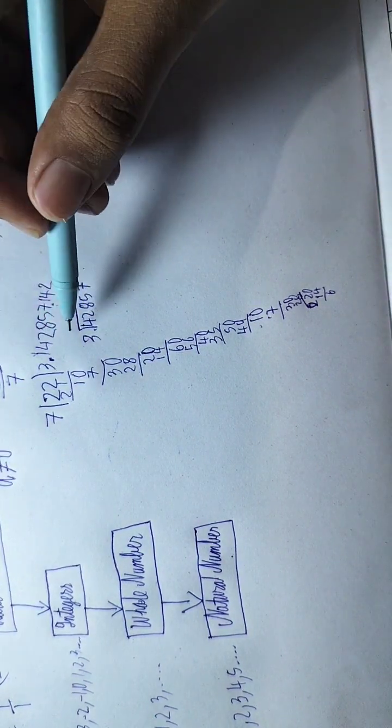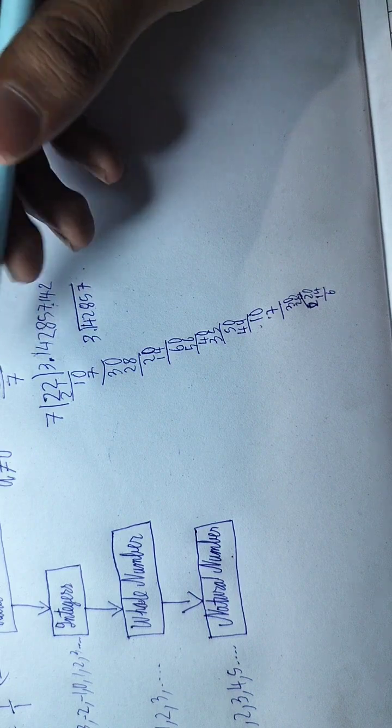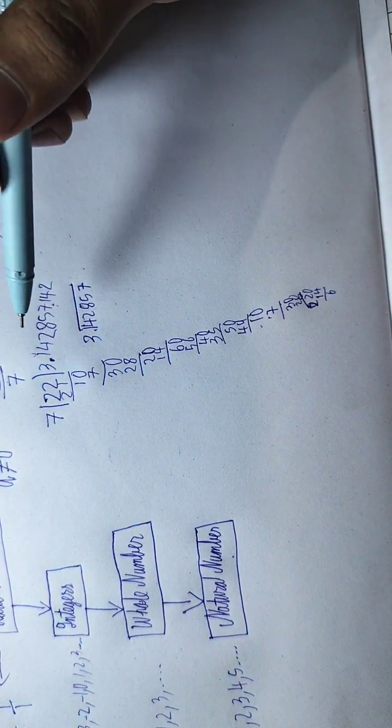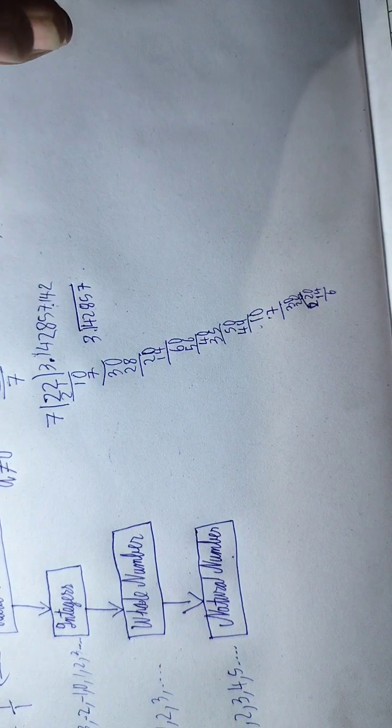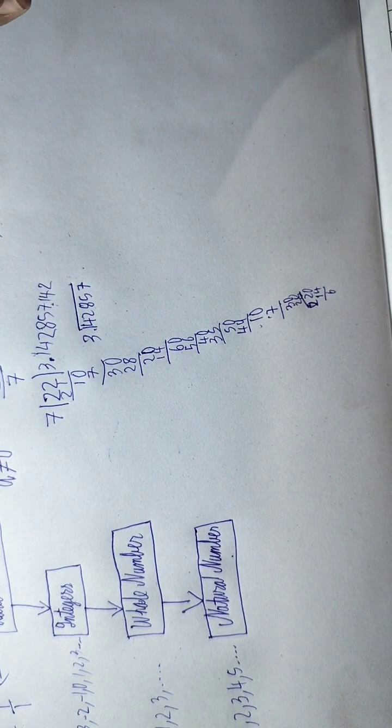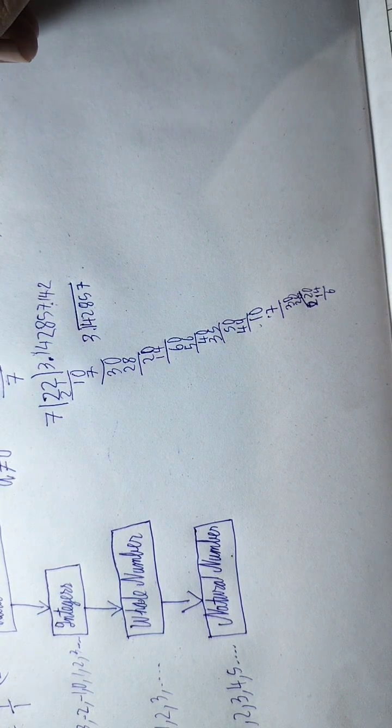Then we can represent it in p by q form, and since it is repeating, it is a non-terminating repeating decimal.